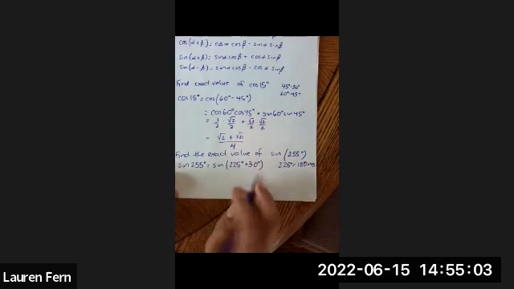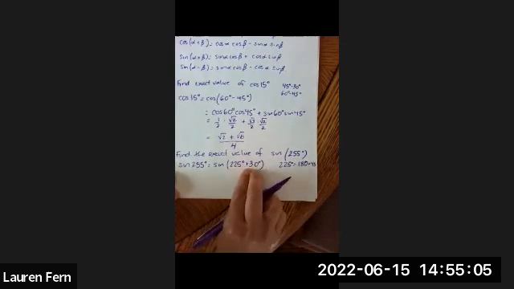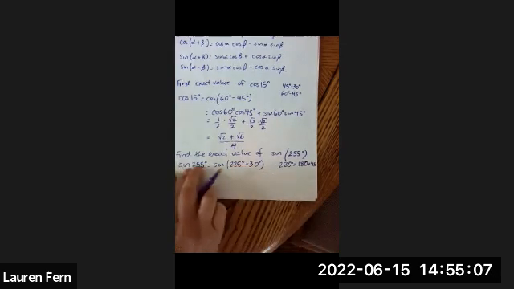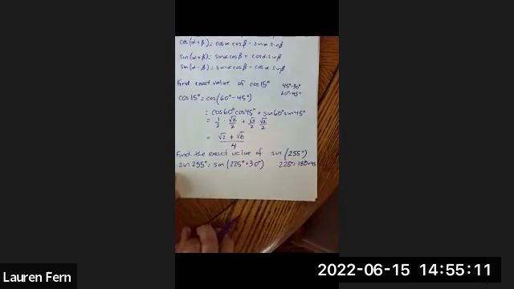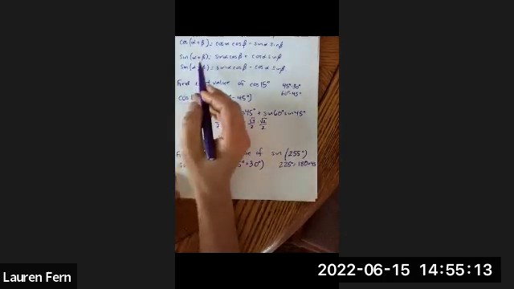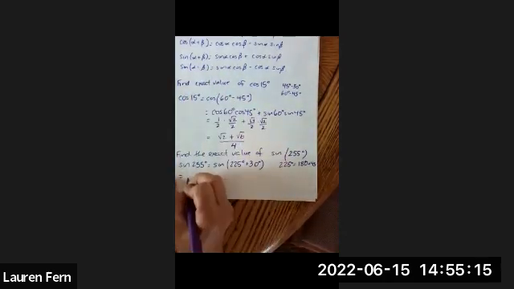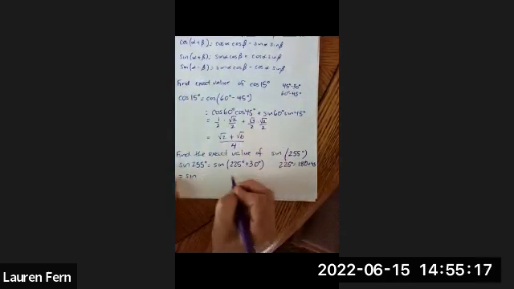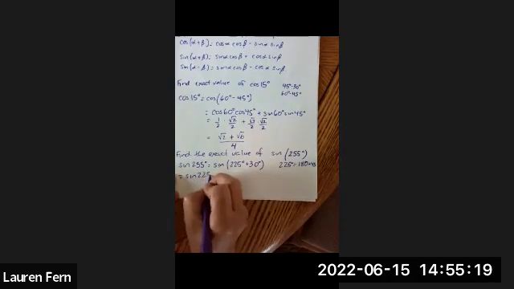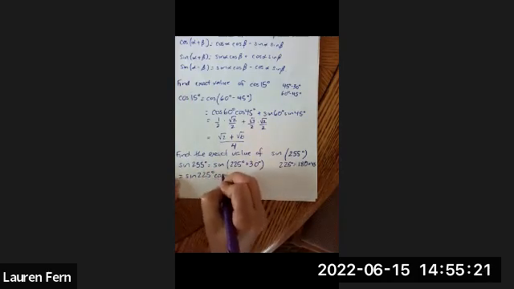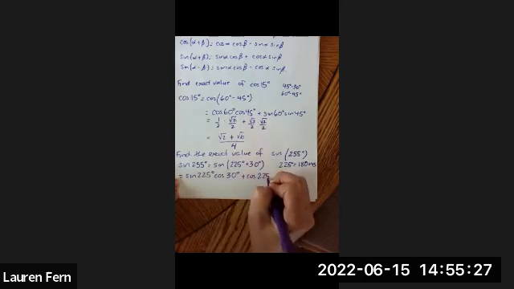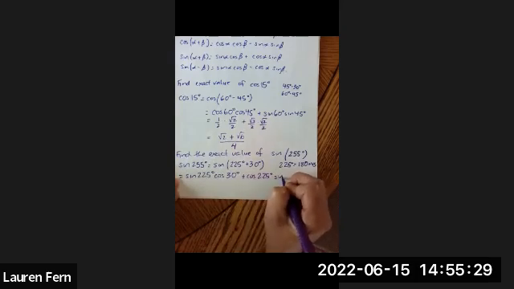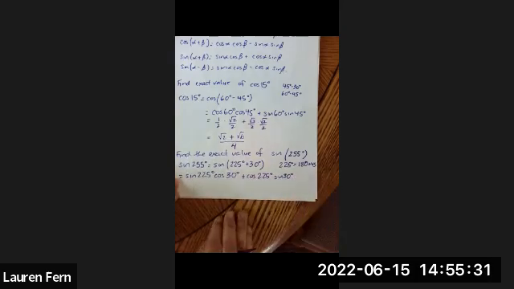Okay, bear with me here. So I think you'll grant me this much so far, and I'll show you how we're going to use this in a second. Well, this tells us that that's equal to the sine of 225 degrees times the cosine of 30 degrees plus the cosine of 225 degrees times the sine of 30 degrees.